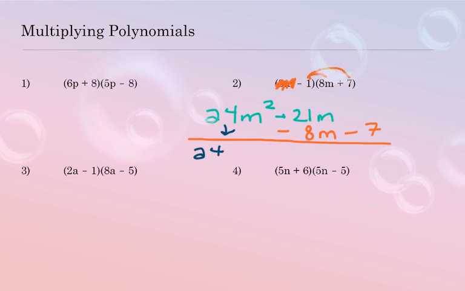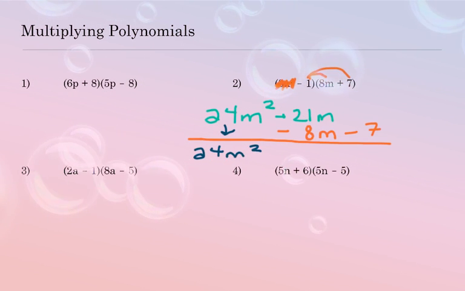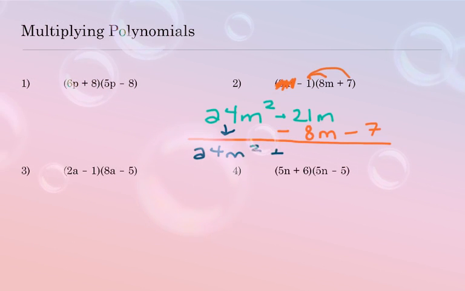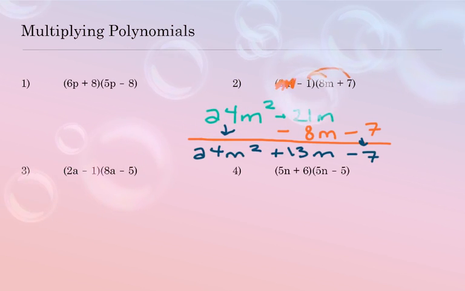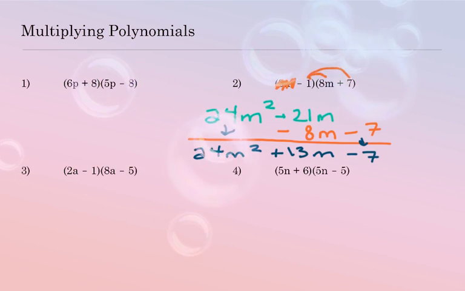Nothing to combine with this. Now we have positive 21m minus 8m. 21 minus 8. And then negative 7 is still there again. That one I can leave up. And then let's do 3 together.